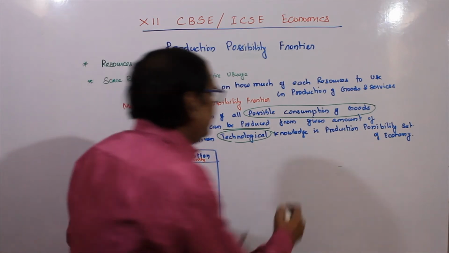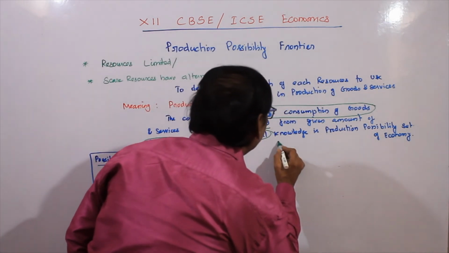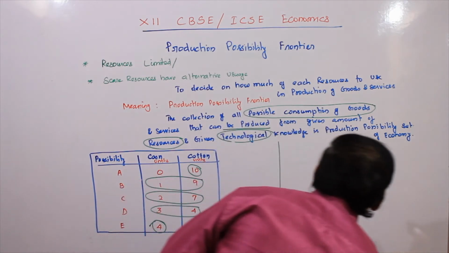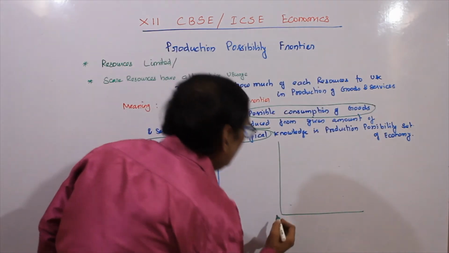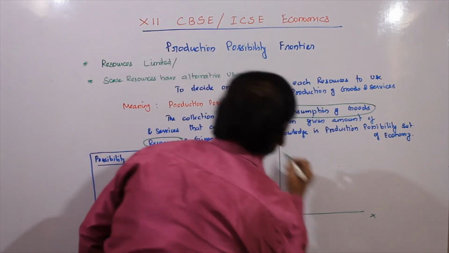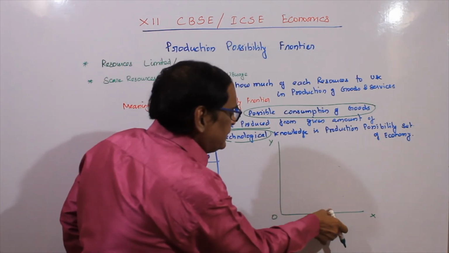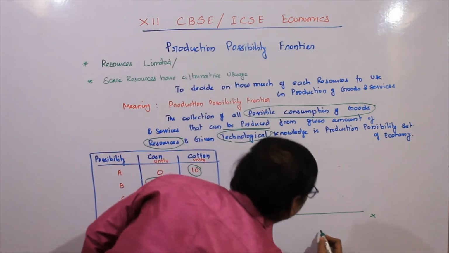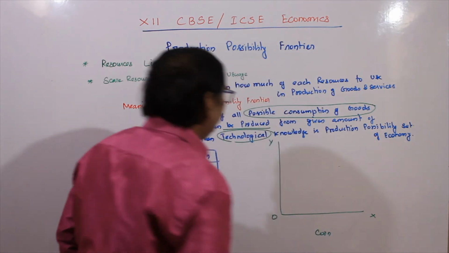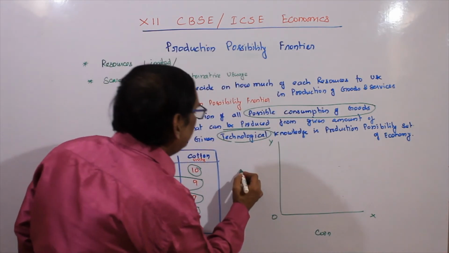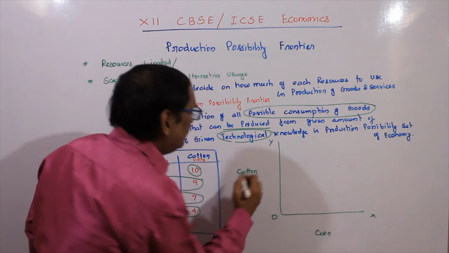For example, you can take an x-axis and a y-axis. So 0, x, y. The x-axis is represented by corn, and the y-axis is represented by cotton.